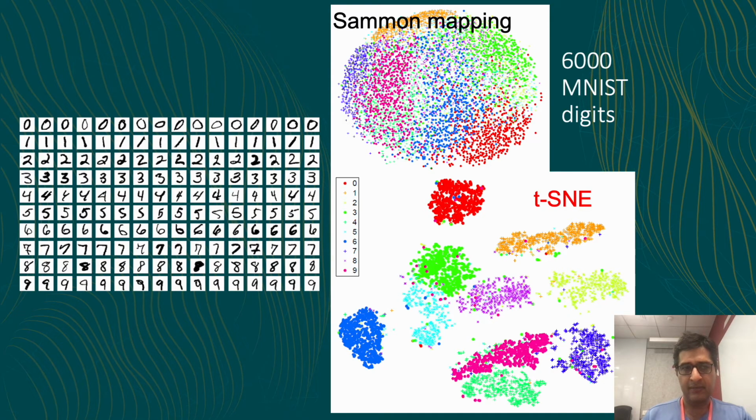And the idea is, if these handwritten characters were to be represented in a lower dimensional space, how would they look?